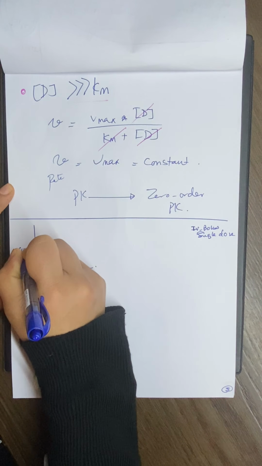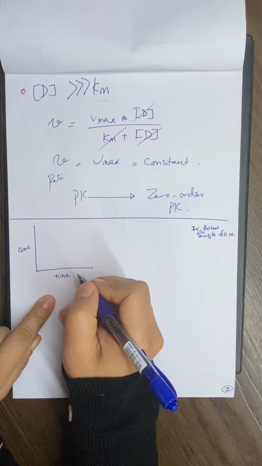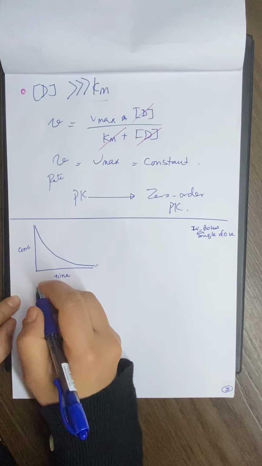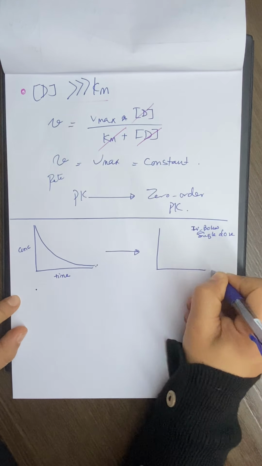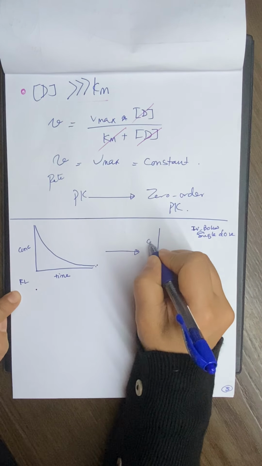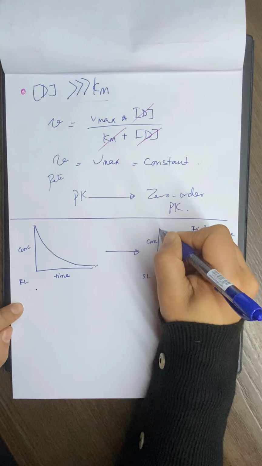Before, when we had concentration versus time for a single dose, we had this, and when we were changing it to semilog, concentration versus time, we had this, right?